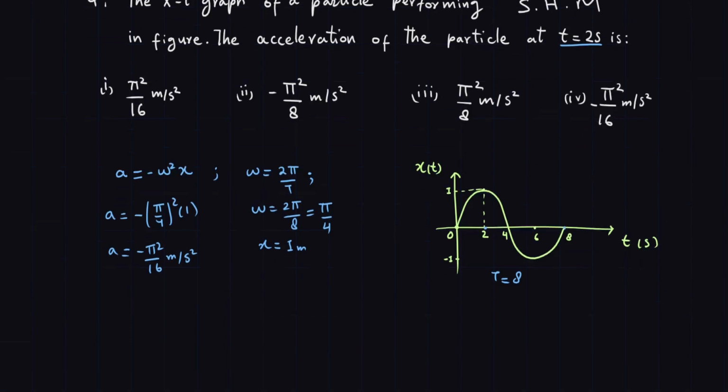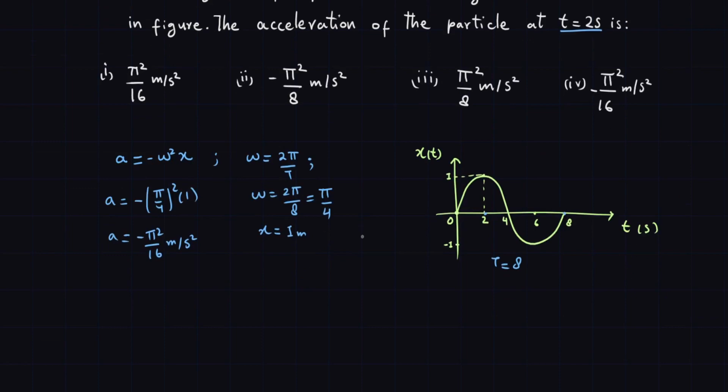Now the second method: if you don't know this formula, you can develop it from this figure. This figure is a displacement time graph and it is a sinusoidal wave. The equation of a sinusoidal wave is x of t, where the amplitude of the wave is 1, so 1 times sine omega t, or sine pi by 4 t.